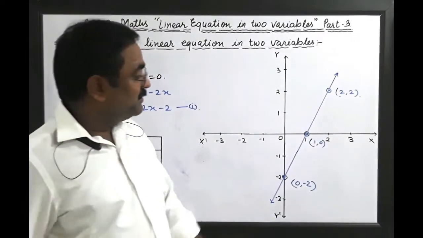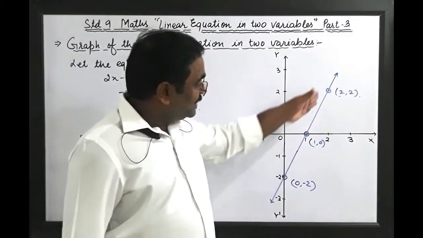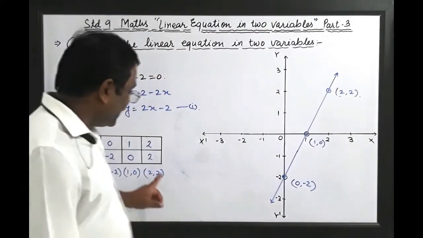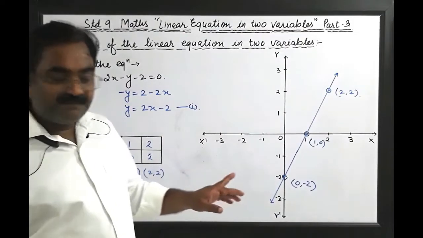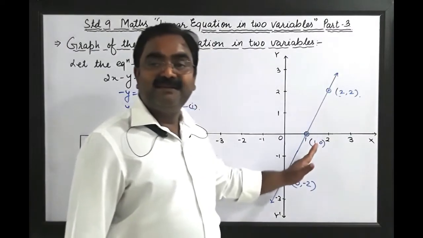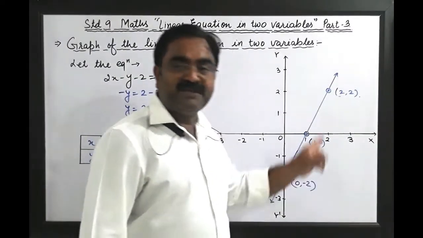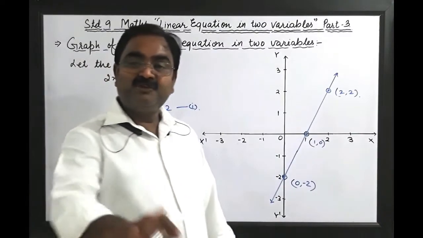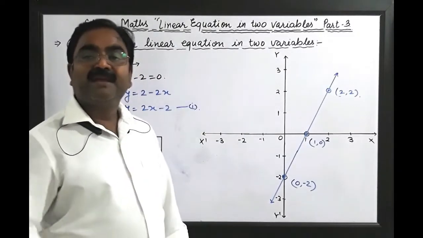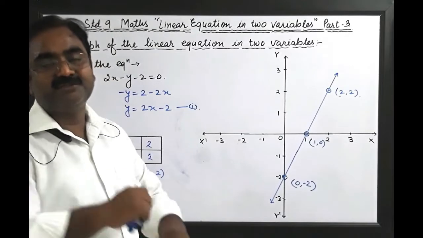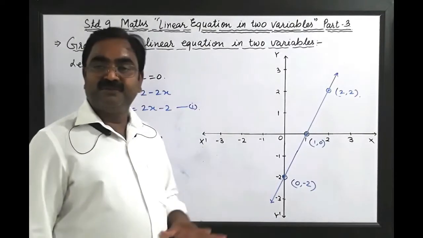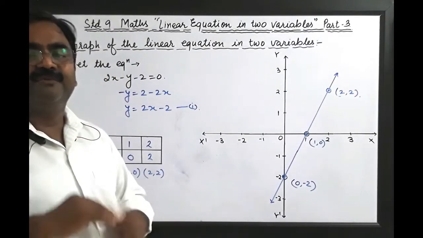The line that you get also passes through the third point that you found here. So on this line there are infinitely many points. That's why, based on this result, it is said that a linear equation in 2 variables has infinitely many solutions.